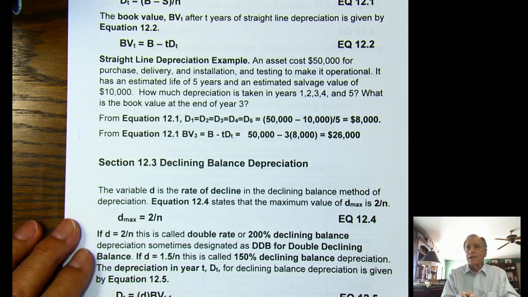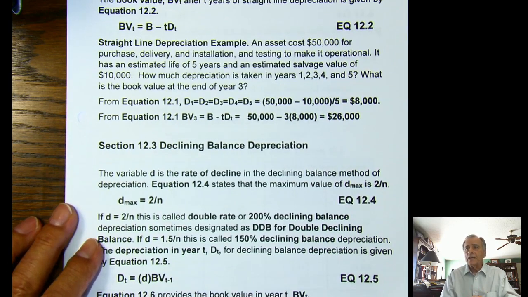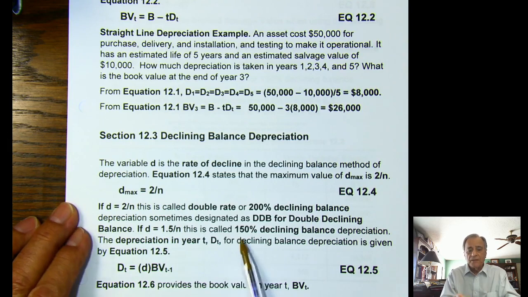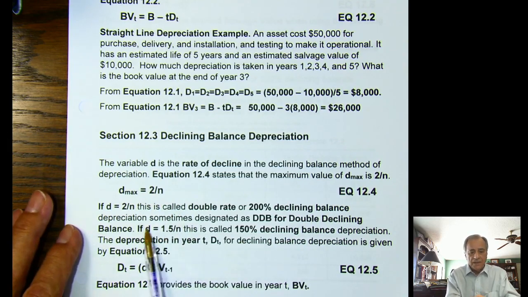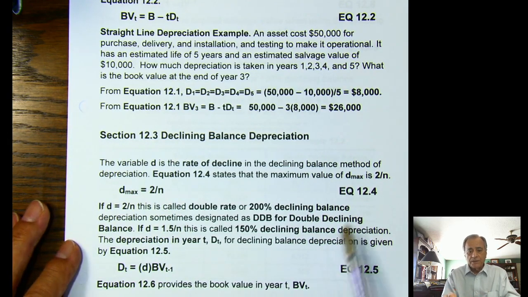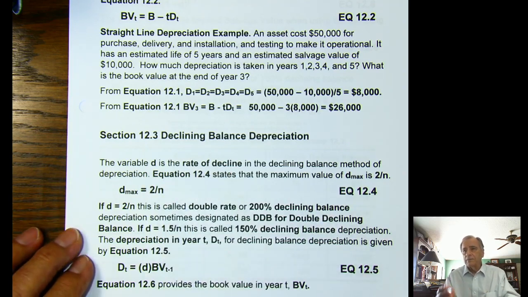Some assets you can't go that high, even though that's an overall maximum. Some assets are limited below that overall maximum. You could only use 150% declining balance. If that's the case, then this would be 1.5 over n. So that's what I'm showing here. So this equation gives you the rate of decline, and it's generally between 1 over n and 2 over n.